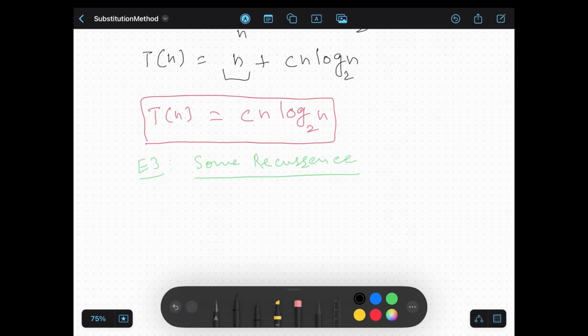Okay, so the recurrence looks like this when n is greater than 1, and the base case is this.